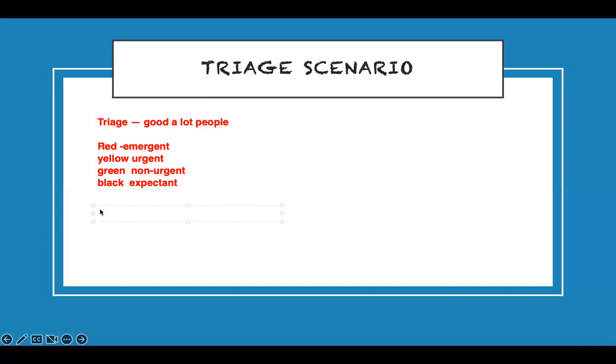So I want you to focus on two things. Red patient. Just learn how to identify a red patient. Don't worry about yellow. Don't worry about green. If you are still in nursing school, yeah, you need to know yellow and green for your exams. But for the boards, care about red.